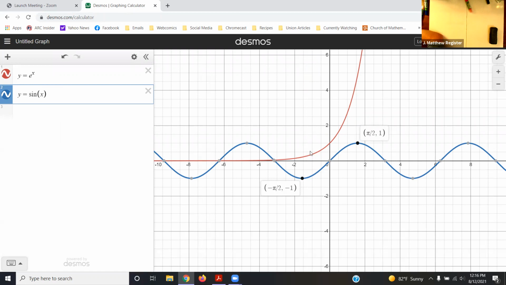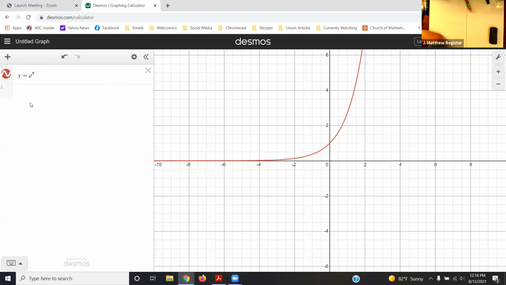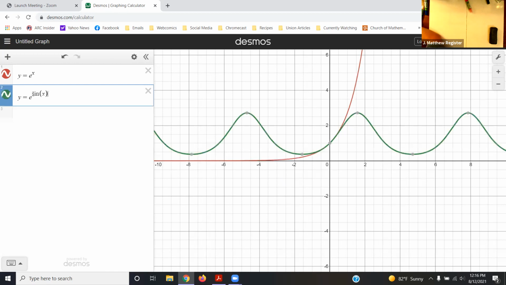And so if we think of what this exponential graph looks like between -1 and +1, we should start to see that behavior repeated over and over and over again. So y equals e to the sine of x. It's really just taking our -1 to +1 interval and repeating it at every 2 pi units or so.